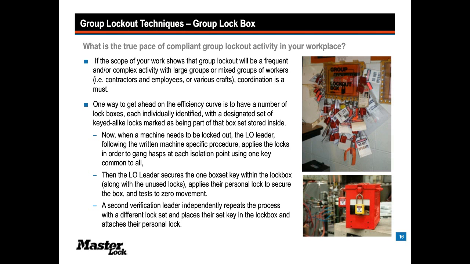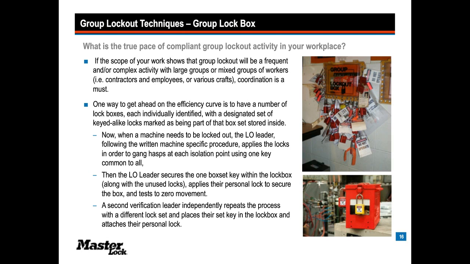And often in a large and complex lockout, the lockout leader will be the first lock in place, placing their lock on a gang hasp, and they will be followed by a verification leader. You can call it other things. It may be the second lockout leader, maybe the verifier. But that person comes through independently with the procedure, and they look to see: the next step I would do is to lock this device out.